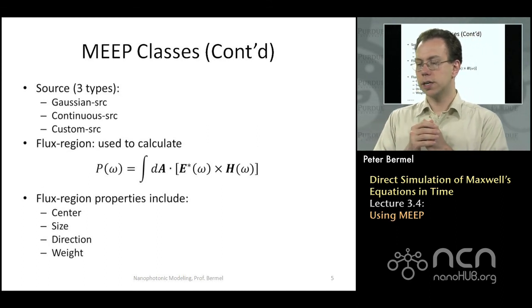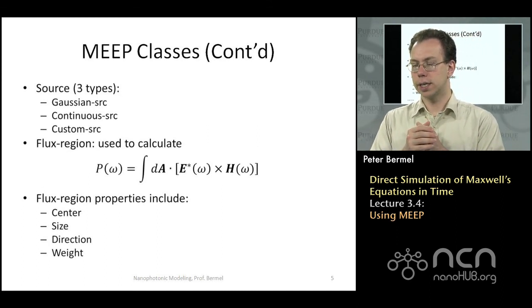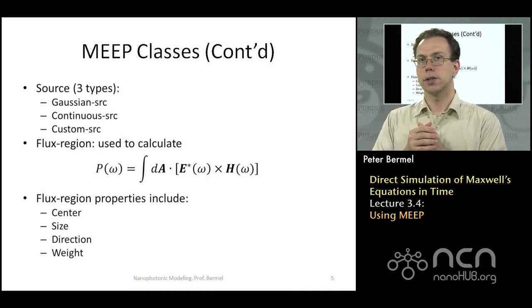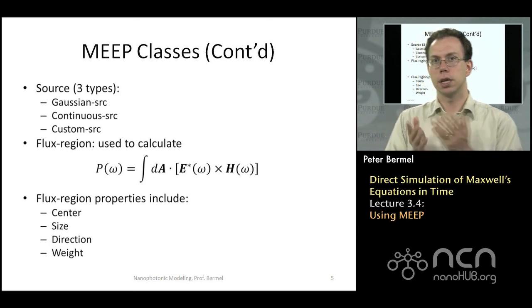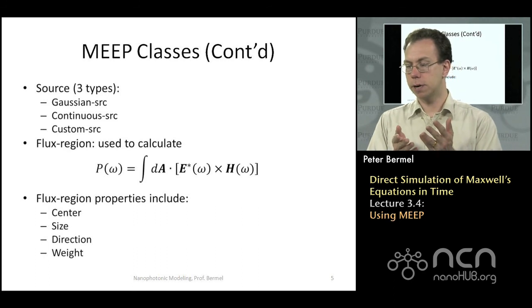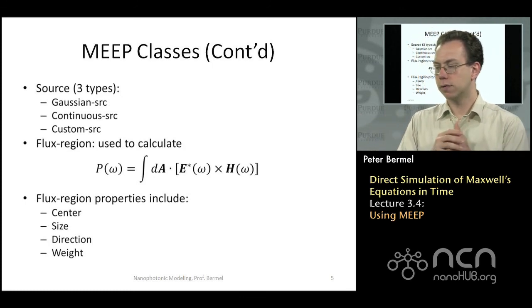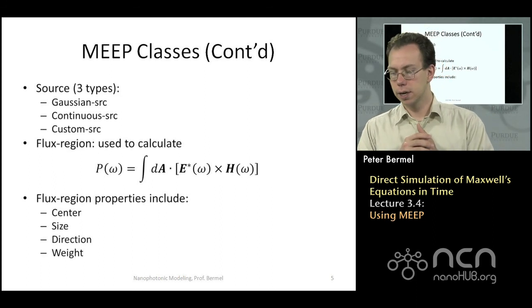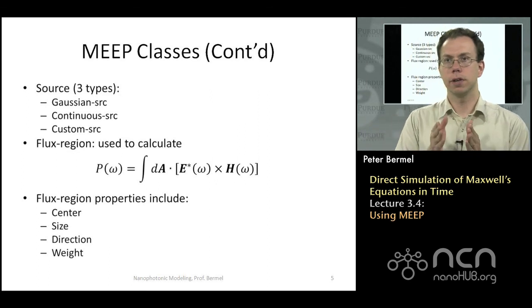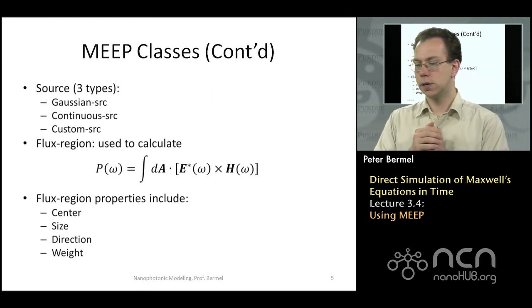The Poynting vector is essentially given as E star cross H, and that tells you the amount of power that's flowing per unit area, at least the real part is the real power flow. And then if you integrate that over a certain area, that gives you the total power flow. And so you can calculate a frequency spectrum with that information, if you both Fourier transform the E fields and the H fields before you do the integration.